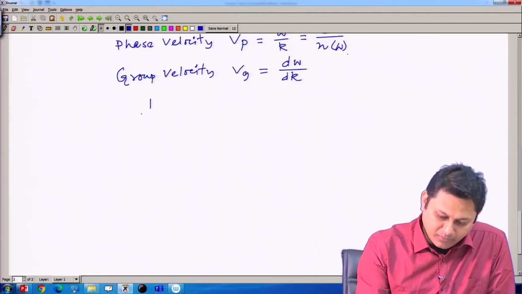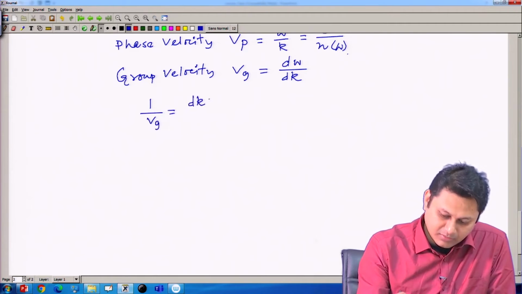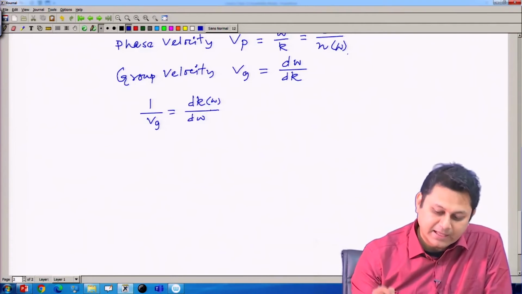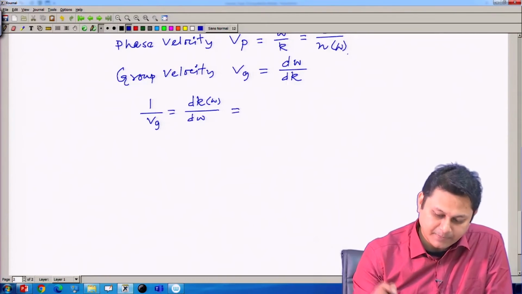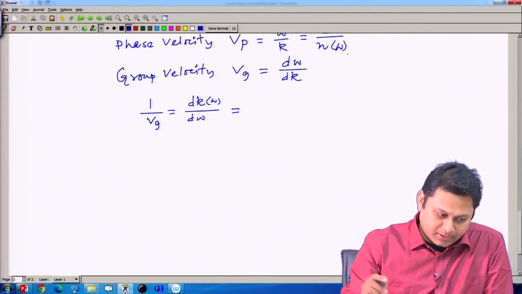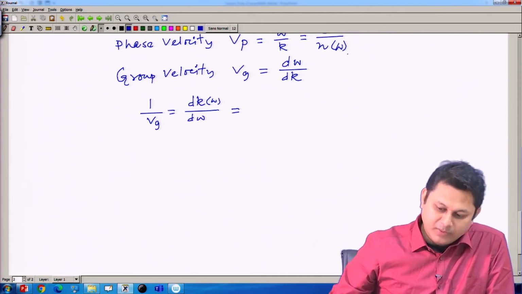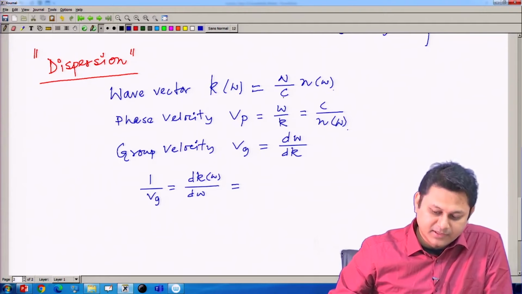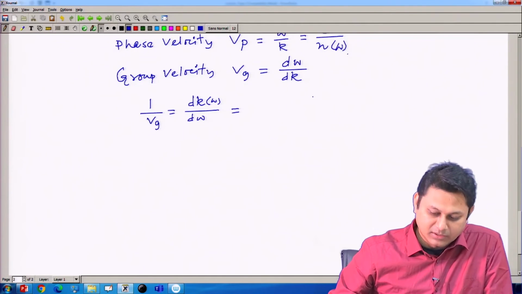So, 1 by Vg, the inverse of group velocity, is dk, which is a function of omega, over d omega. It is convenient to write 1 by group velocity because we know the explicit expression of k omega. k omega I already defined here, wave vector, it is omega divided by c, then n omega.